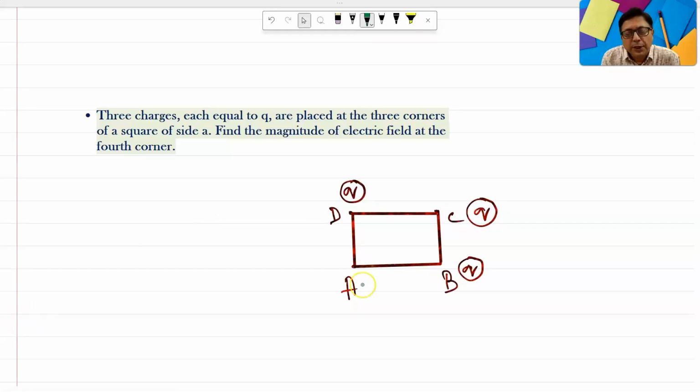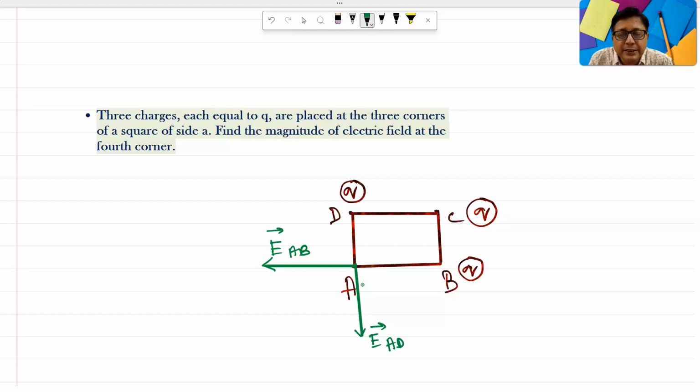How to find it? This one is a good application of the superposition principle. Electric field exists at the point A due to this charge Q. That electric field we are taking as EAB. Electric field exists at A due to the charge at D. That we are taking as EAD.